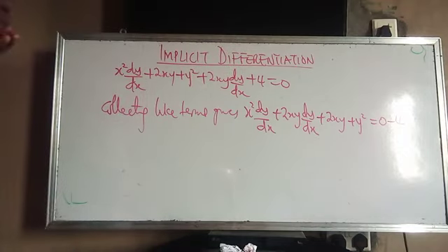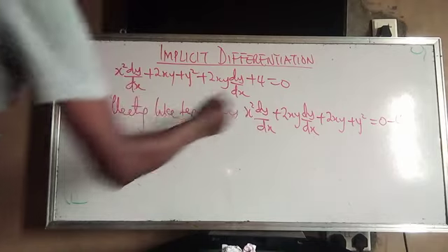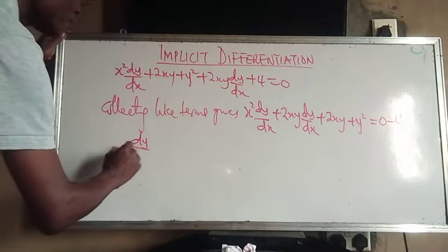You can take this 4 here and it becomes minus 4 on the other side because it's a constant. So we cannot have the ones that have dy/dx alone, so we factor out dy/dx, we factor it out.